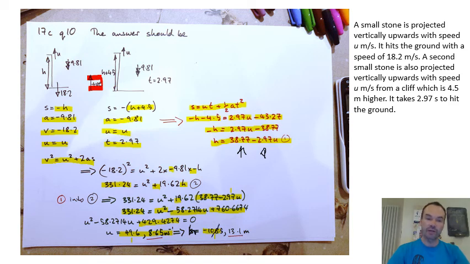The height of the cliff can't be negative, so get rid of that. Whereas the second answer of 8.65 gives this height of the cliff as 13.1. Those are the pair of answers I think are correct, okay?